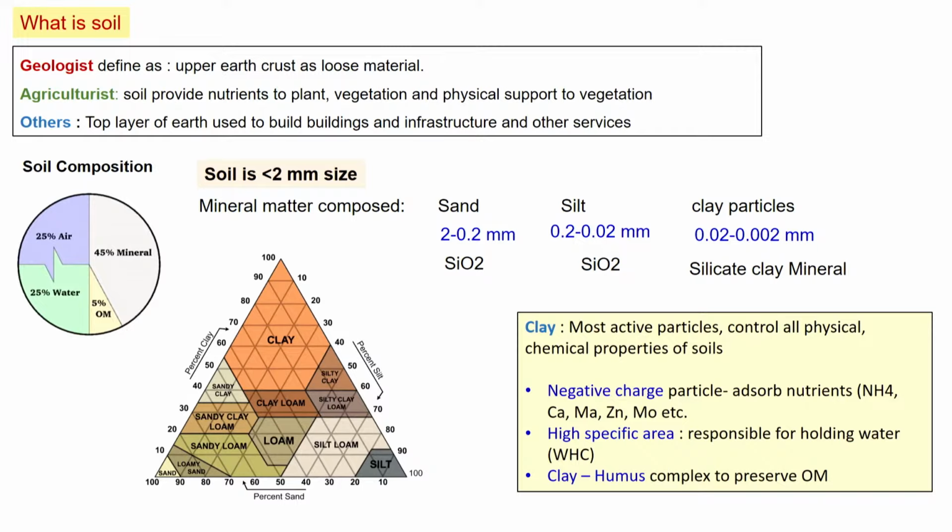The clay humus complex also preserves organic matter and contains the nutrients. So soil is composed of sand, silt and clay, and clay is an important constituent of the soil.